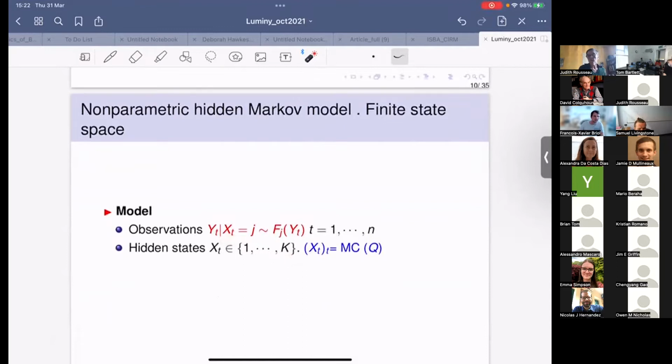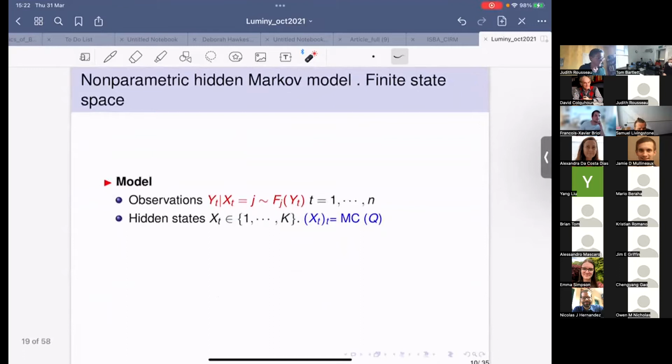In this talk, k is known, but possibly we can extend that. It's hidden Markov because the xt, the hidden states, form a Markov chain with transition matrix Q. So Q is the transition matrix of the hidden states, and the fj's are called the emission distributions, the conditional distributions of y given x.